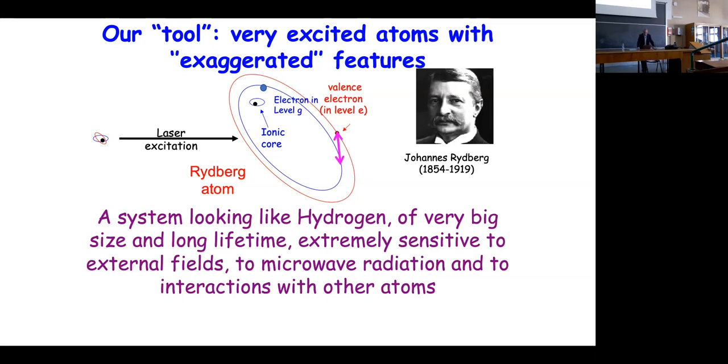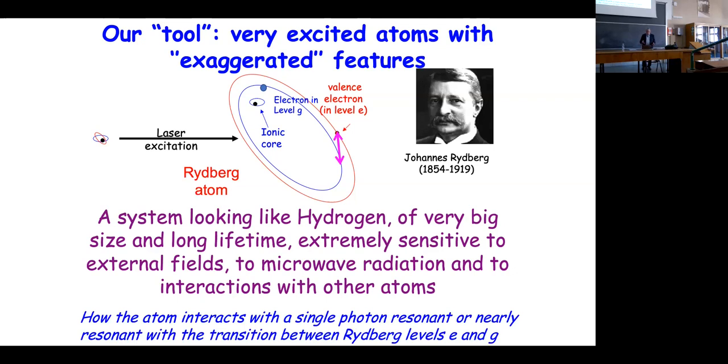And so these atoms are extremely sensitive to external fields, to all kinds of perturbation, to microwave radiation, and to interaction with other atoms. So it's a field which has expanded tremendously since we started these experiments long ago. And these Rydberg atoms are useful not only for cavity QED, but for all kinds of studies in atomic physics, which I will not have time to discuss in these lectures.